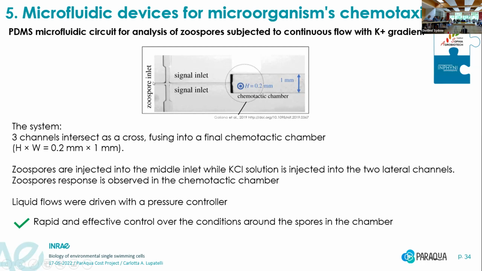We have a central channel where we inject the spores, and lateral channels where we can inject potassium solution. Finally, we are able to analyze the response of our spores in the central chamber, where they will be completely subjected to the gradient that we have created with the potassium.